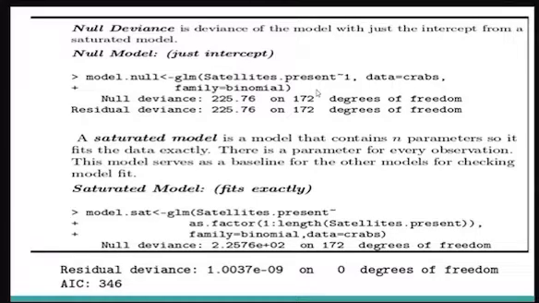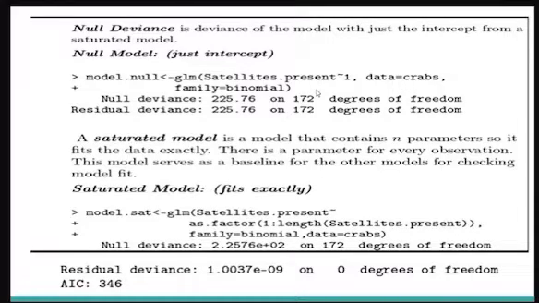Now, do you understand what we mean by saturated model? The saturated model is like going to the extreme right, where you are assuming a parameter for each of the observations. That will look too complicated. That can never happen in this world, in a stochastic world, where we live in a probabilistic space.